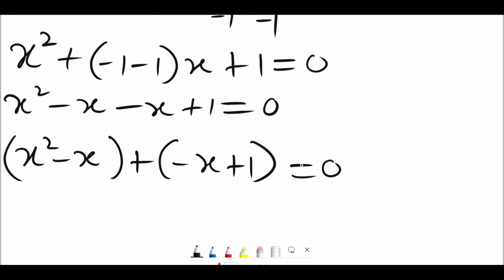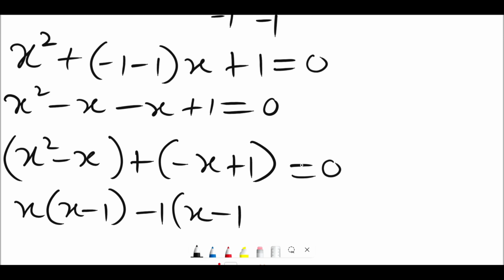We identify the highest common factor, which is x. So x divided into x squared gives x, and x divided into negative x gives negative 1. Then here the highest common factor is negative 1. Negative 1 divided into negative x will give us positive x, and negative 1 divided into positive 1 will give us negative 1.